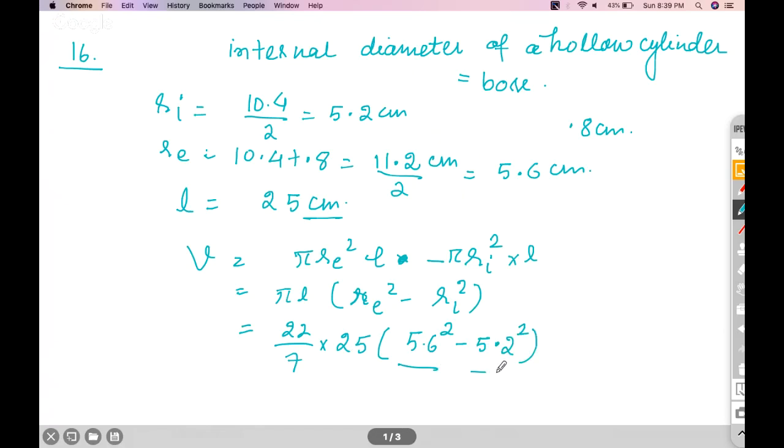Now you can solve this by two methods. You can solve it by taking the squares, or by the a square minus b square format. So I will solve it by the a square minus b square format. So this gives me 5.6 plus 5.2, which gives me 10.8. And this gives me 5.6 minus 5.2, which gives me 0.4. So what I get over here is 25 into 0.4 is 10.